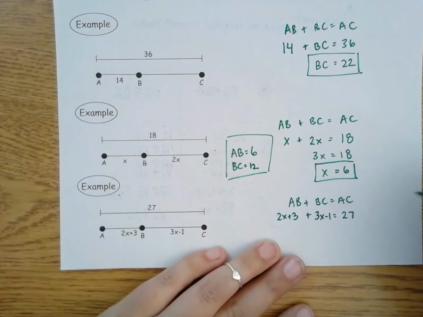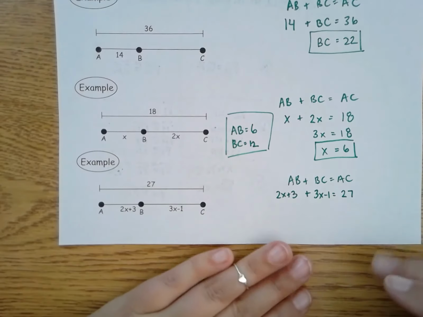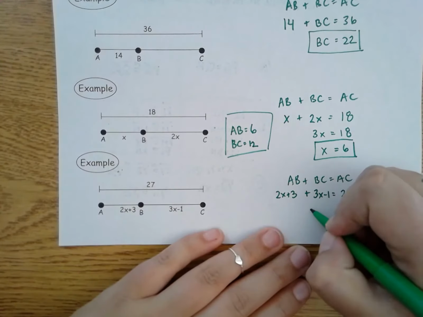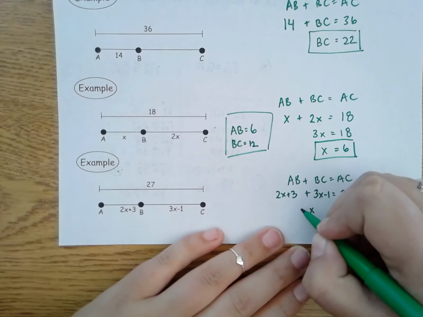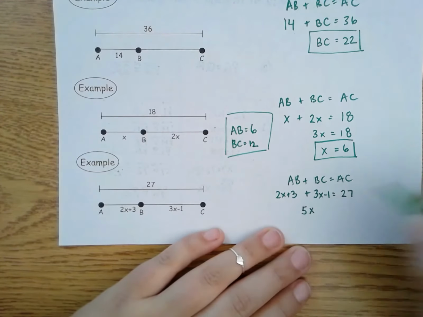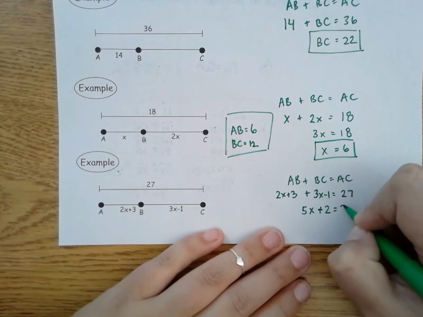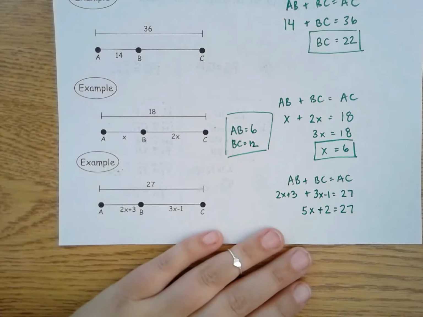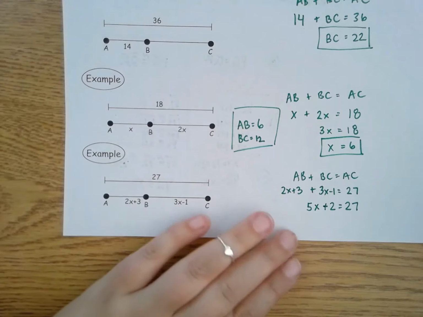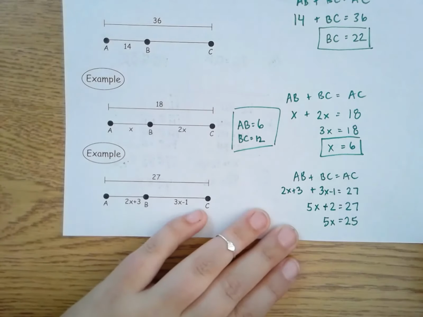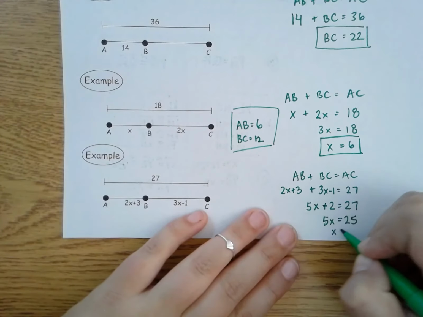It's like that doesn't fit, but it does. Okay, so then we're just combining. So what's my coefficient on my x? 5. And then I've got 3 take away 1, so 2. So take away 2 from both sides, 5x equals 25. x is 5.